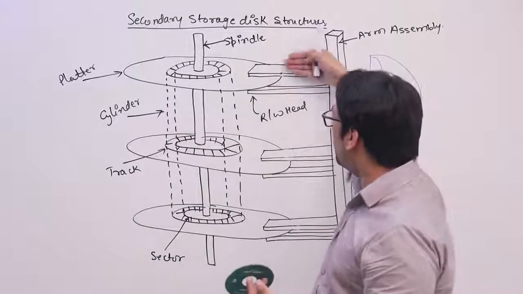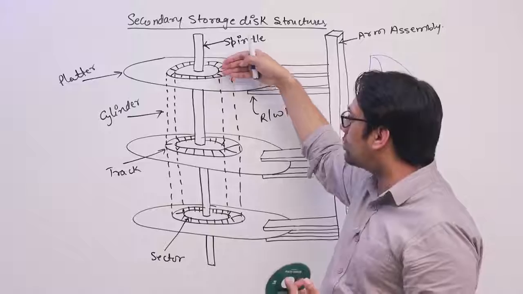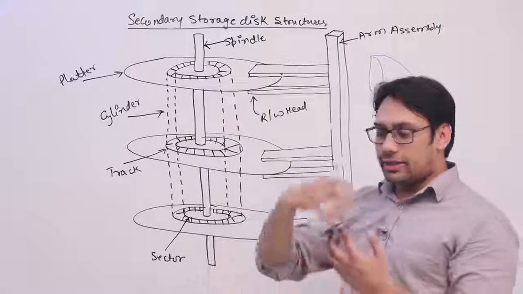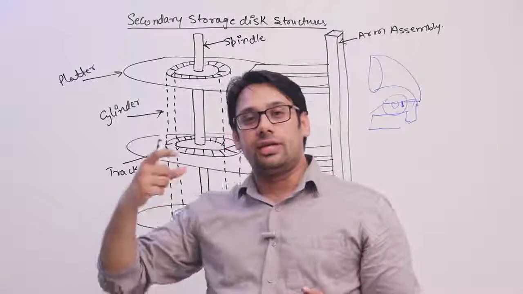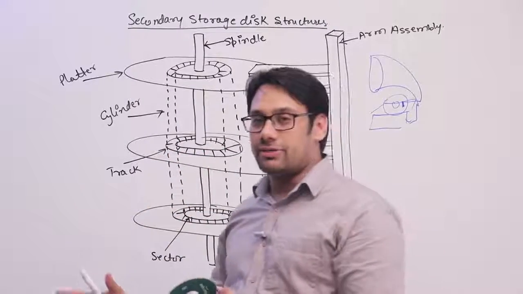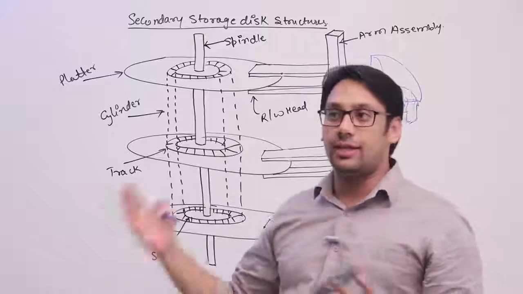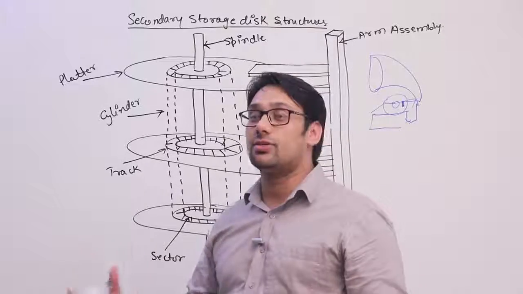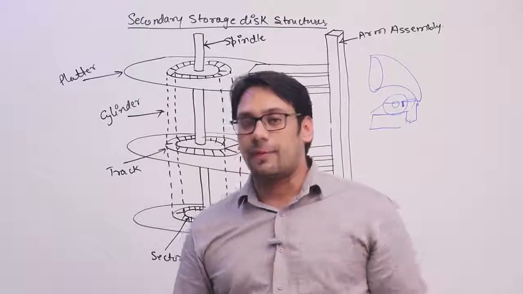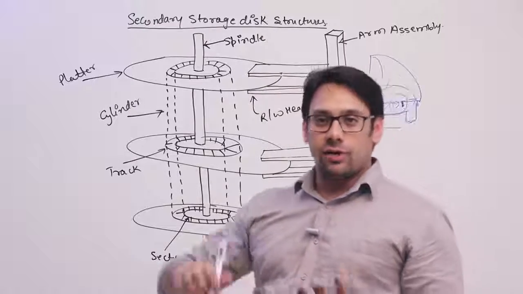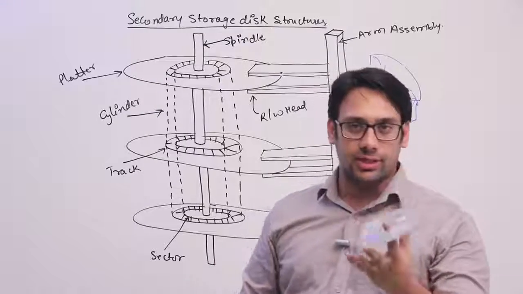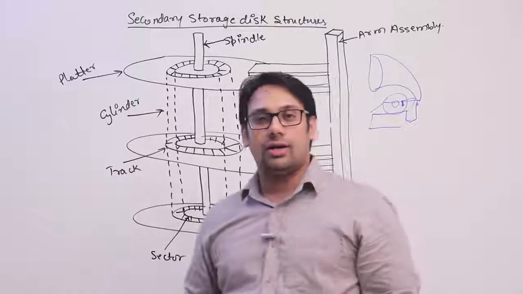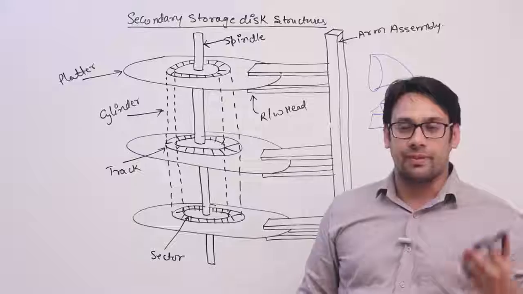When the read write head comes to the desired track, and then to the desired sector on that track, some time is utilized, and accordingly you have to measure it. If you want to read some specific bytes of data, let us say 3 MBs or 4 MBs, or some 1 GB or TBs of data, then how much time will it take for this drive to transfer all the data from the disk? Okay, so these are the main things that we are going to study.